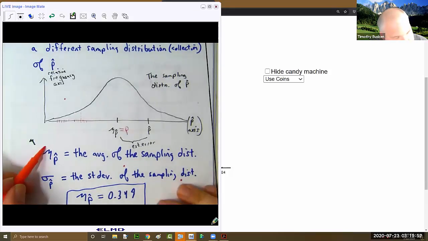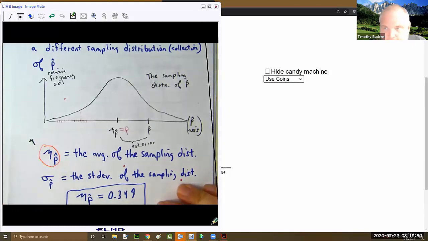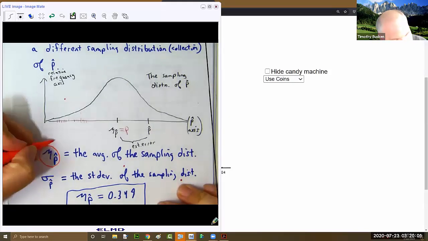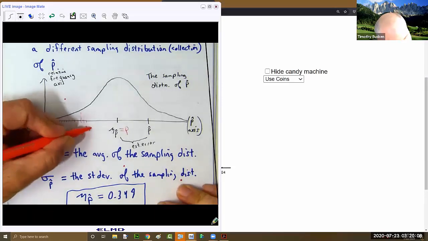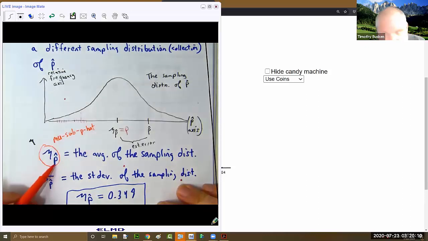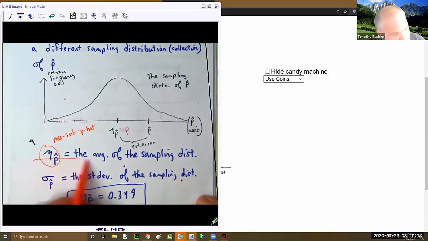You've got this symbol right here. And how do you pronounce that? You pronounce that symbol mu sub p hat. The p hat here is subscripted, so that means the p hat is typeset below the same line that the mu will fall on. So mu subscripted p hat, or mu sub p hat.